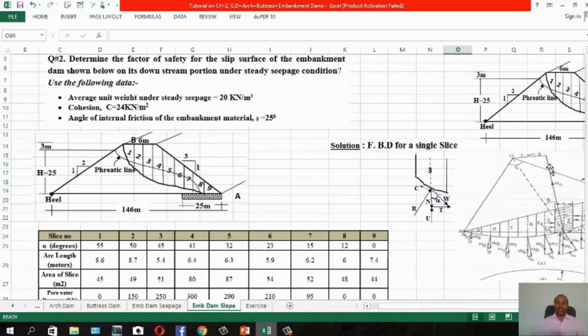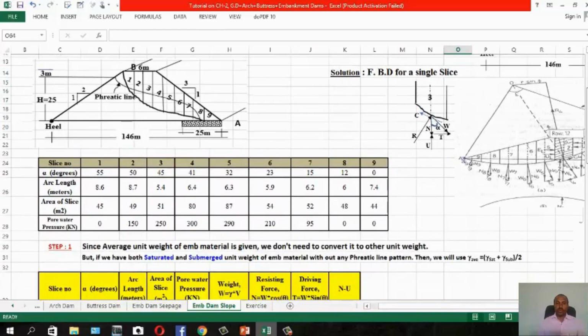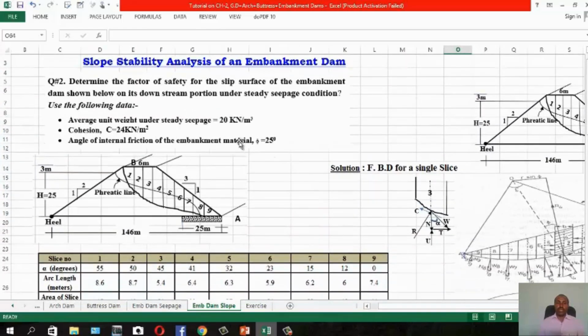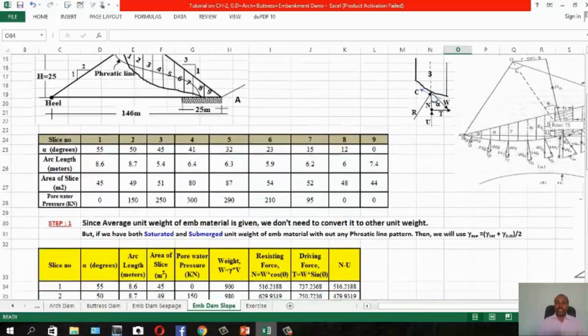Before you go to the calculation step, what are the preconditions for the property of embankment material? The first one is unit weight of embankment material, which is average unit weight given, not submerged, not saturated. So you will use that value.